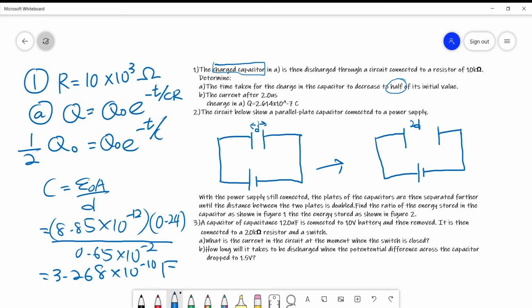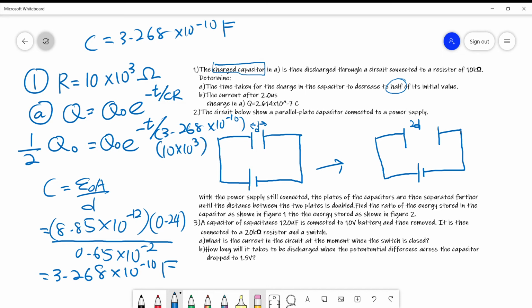So my capacitance will be 3.268 times 10 to the power of negative 10 farad. The resistor is 10 times 10 to the power of 3.